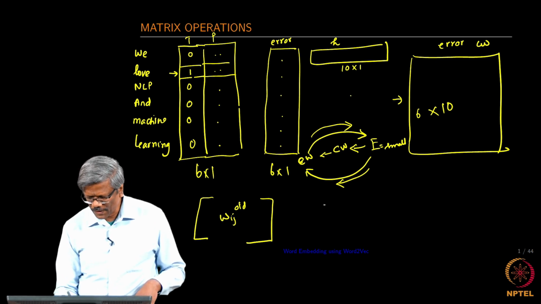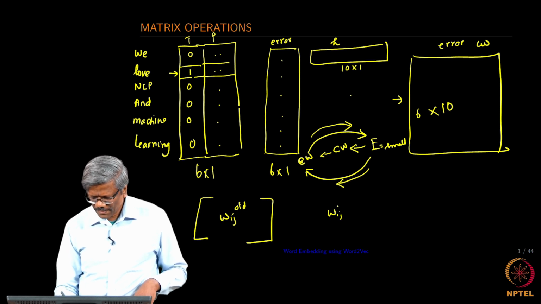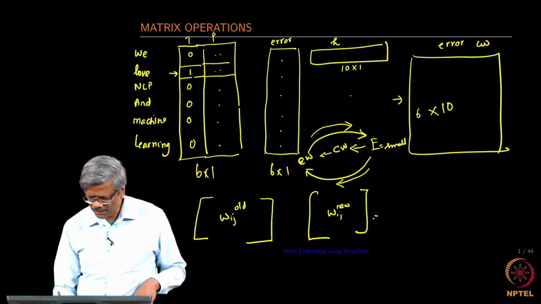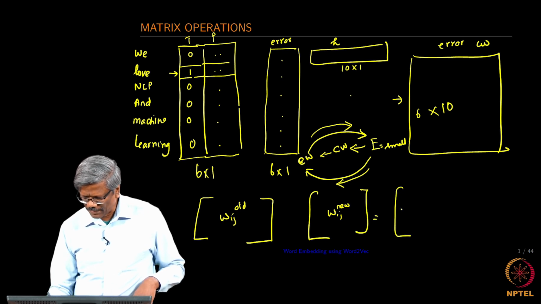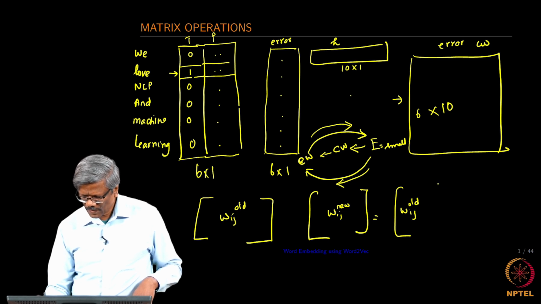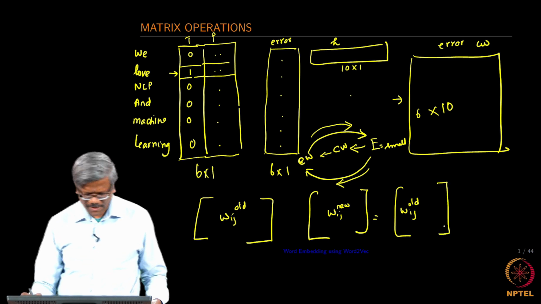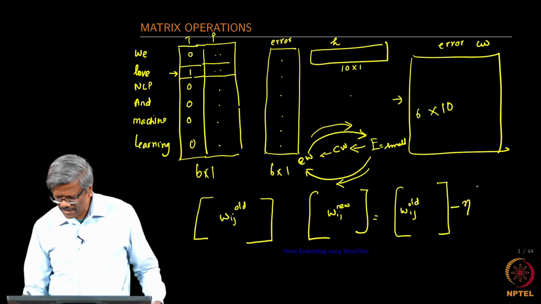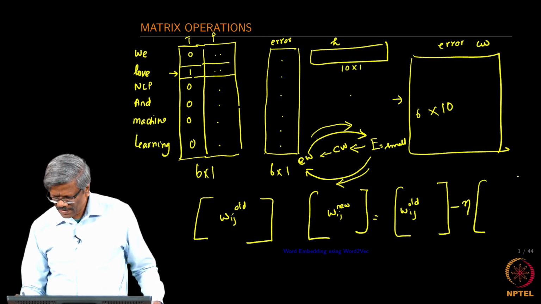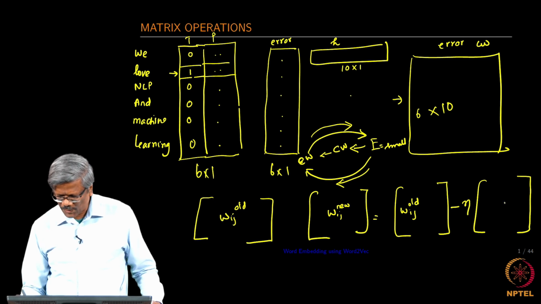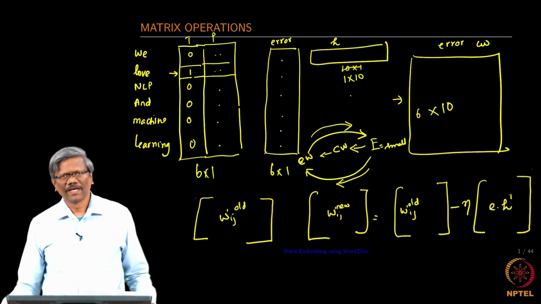So, to get the new one, we have wij new equal to wij old, minus a learning parameter times the difference that you have here, your E dot h.